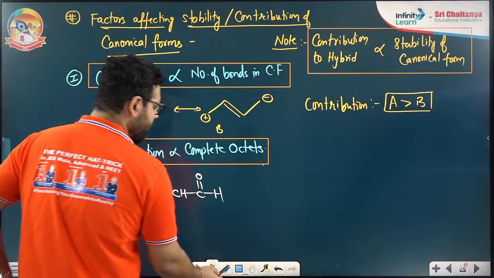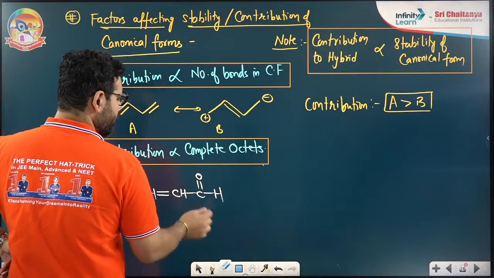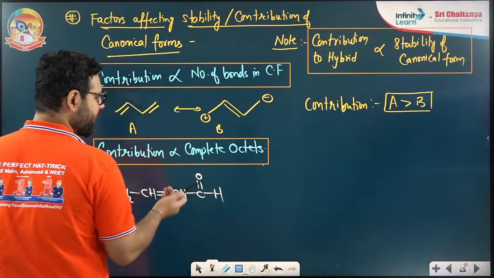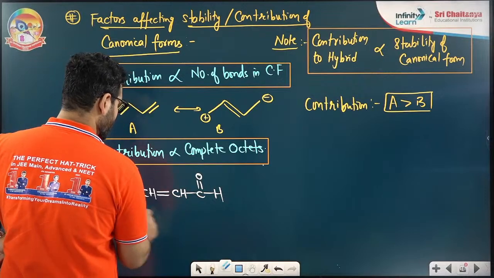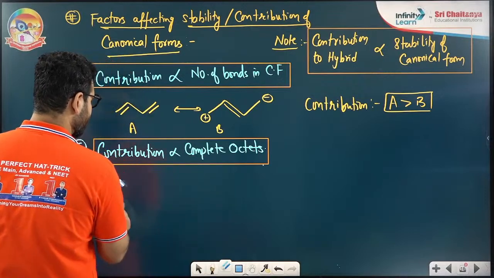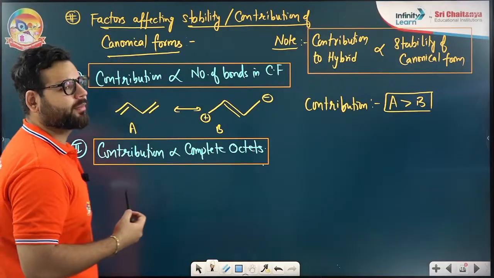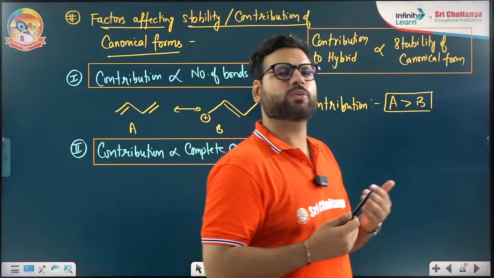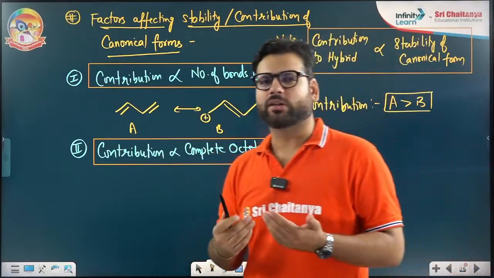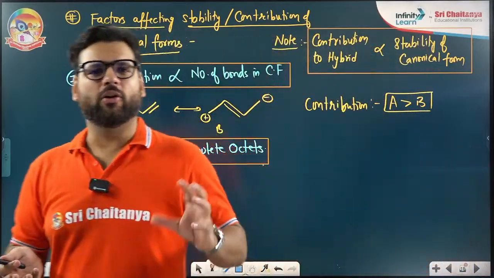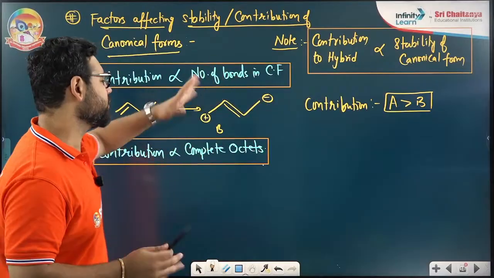You can see the number of complete octets and the number of bonds in the canonical form will overlap with each other 90% of the time. So by checking the bonds only, you can decide everything.